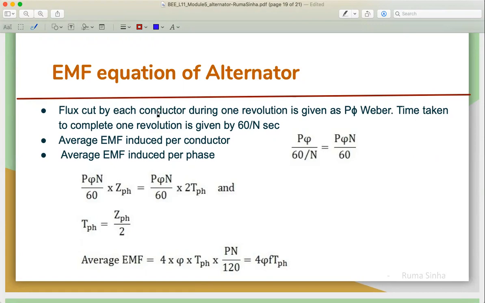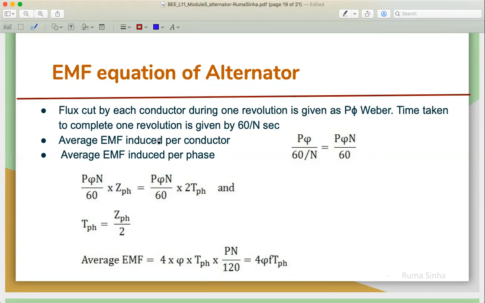Because the conductor will come in contact with all the poles, the total flux cut by each conductor during one revolution is P into phi Weber. And the time taken for one complete rotation is 60 by N seconds, because N is in rotations per minute.